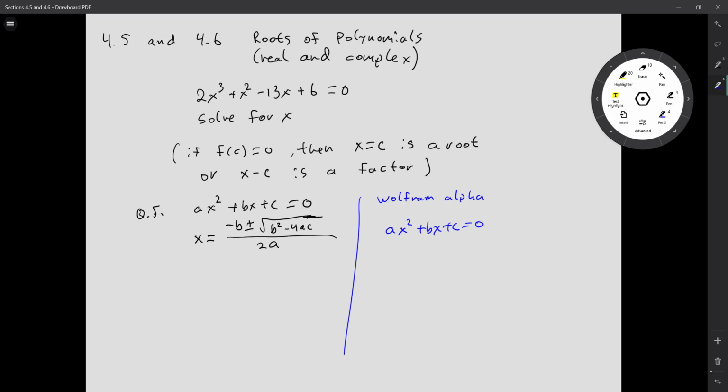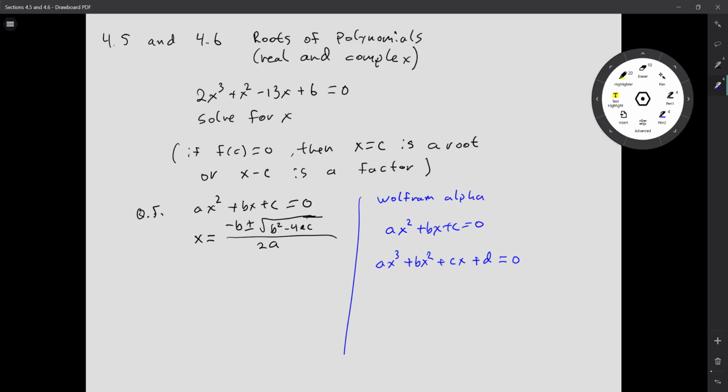But just to match up with the problem we have here in the example, go ahead and try to type in ax cubed plus bx squared plus cx plus d equals 0 and see what you get out of it. You're going to get something which is like the quadratic formula, but is way, way bigger.